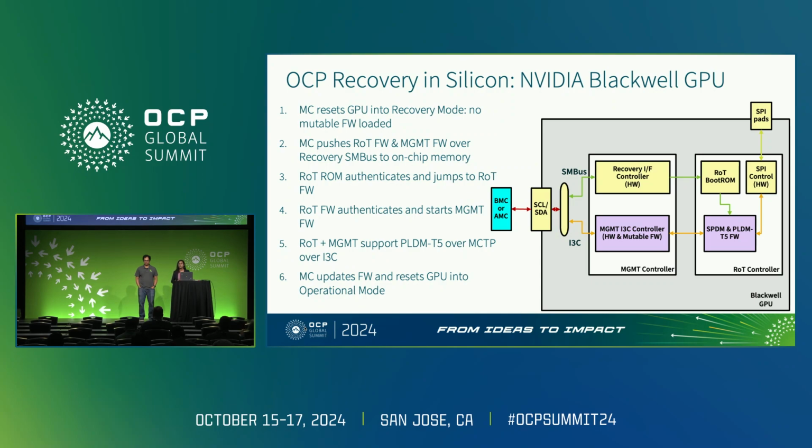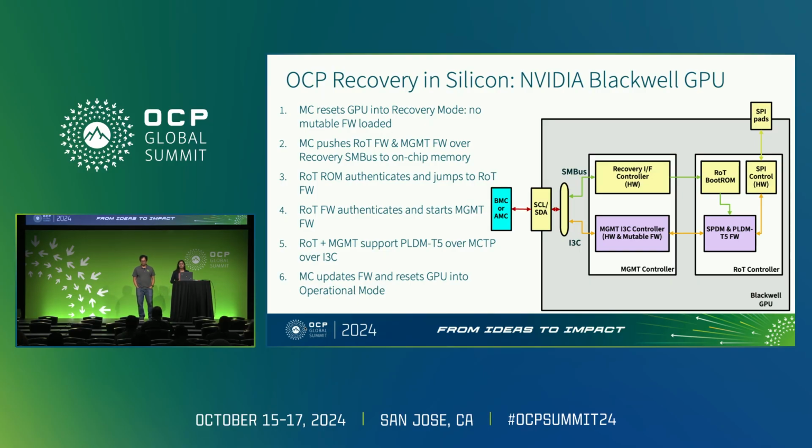First things first, the MC will reset the GPU into recovery mode. During this stage, no mutable firmware is loaded on the GPU. The recovery FSM, which is implemented in hardware, will change the GPU state from operational to recovery mode and get ready to receive recovery firmware over SMBus.